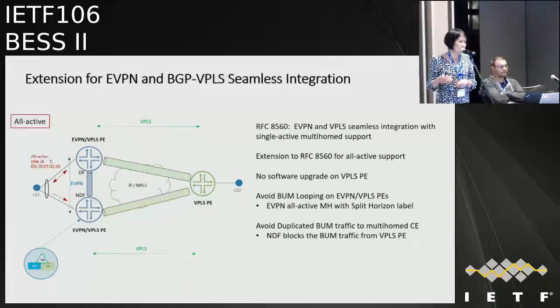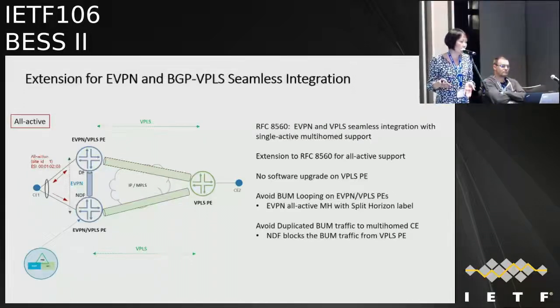But with seamless integration, we do have an advantage, because the composite PEs are running EVPN. They understand EVPN and do EVPN procedures. This helps us overcome the limitation in VPLS, which cannot support BUM traffic well, such as how to avoid looping or duplicate traffic.